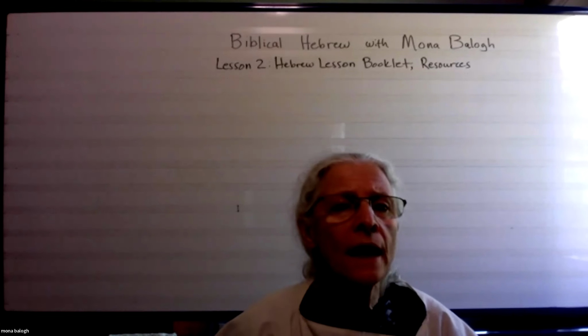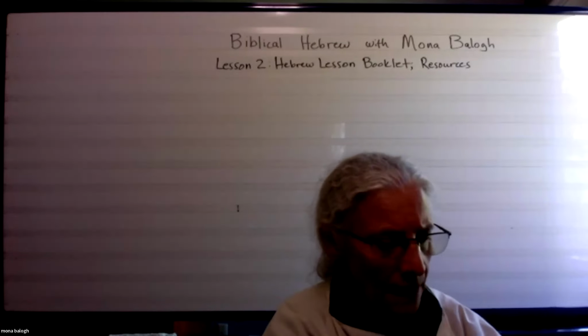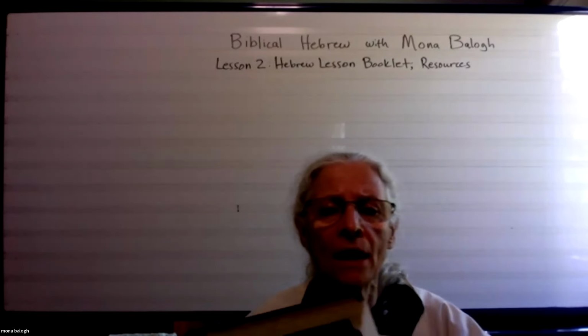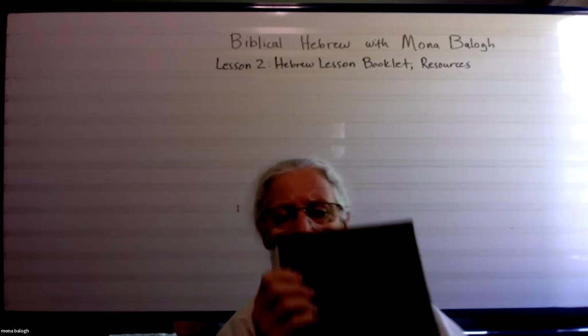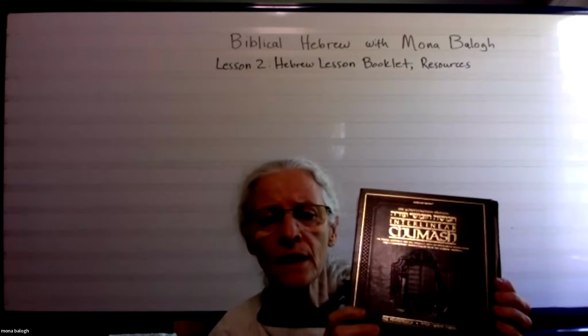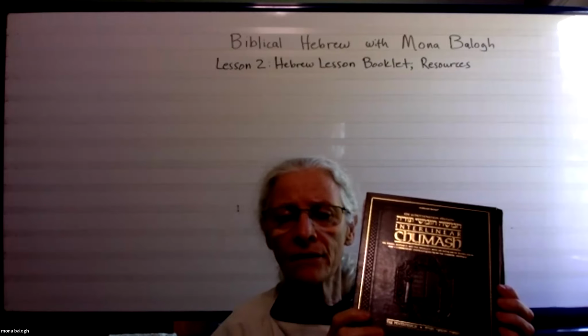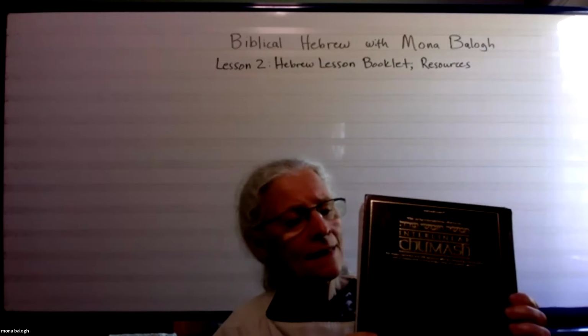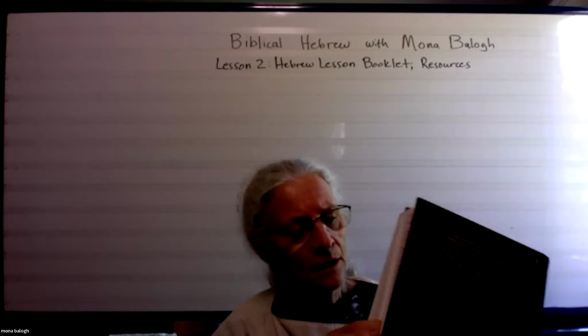First of all, we have the Schottenstein interlinear Chumash. Chumash is the Hebrew word which means 5. This is the 5 books of Moses, and it's in an interlinear format.